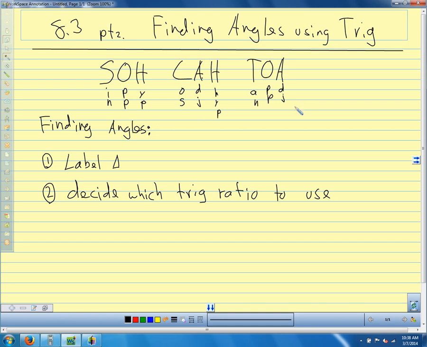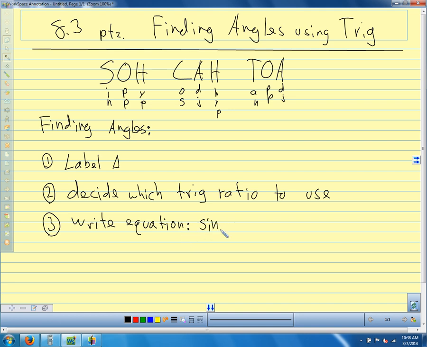Sohcahtoa is going to tell us which ratio we want to use, depending on which sides we have. We're going to write our equation, just like before. Our equation is going to be exactly the same.